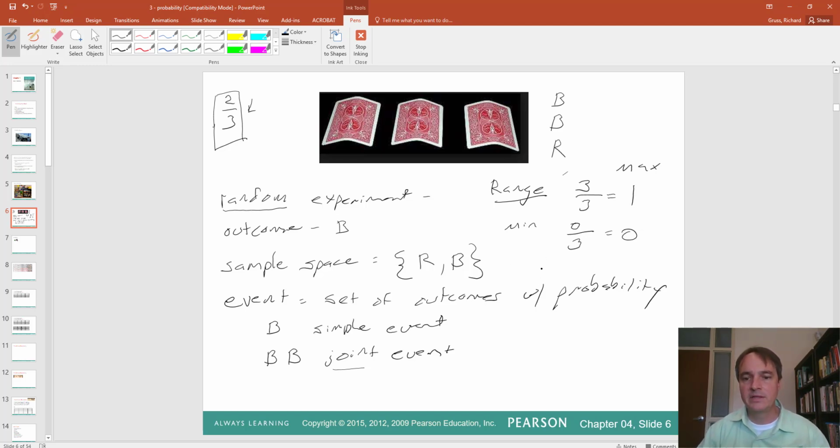A probability can range from 0 to 1 inclusive. So again, in this rather simple game that I set up here, we see examples of these various formalisms, and we also see that probabilities can have a range going from 0 to 1.